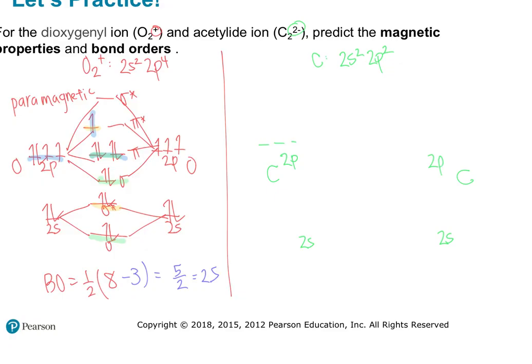We fill in 1, 2, then 1, 2, and then we also have 2 extra electrons. I'll do 1, 2, 3 on this one and 1, 2, 3 on this one. You could do them both on the same one. It doesn't really matter, because when we bring it all together, they'll all go into those molecular orbitals.